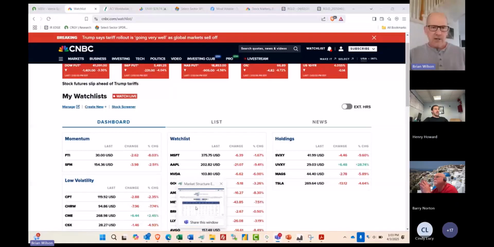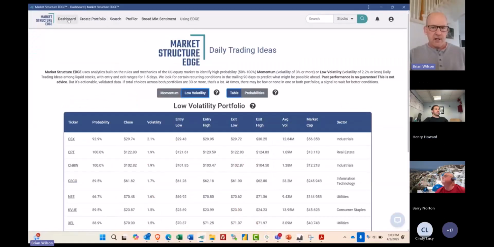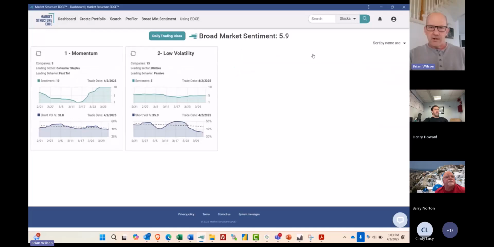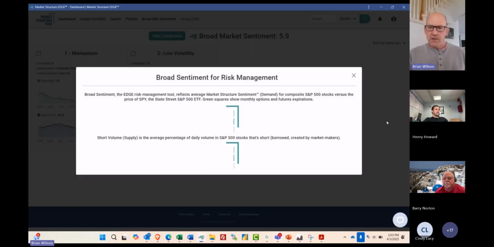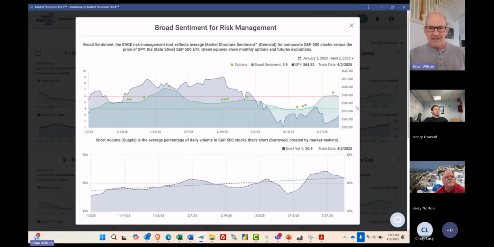The reason that I went that direction, and I could have been wrong, but I'll go ahead and share my screen again, is I was looking at the overall setup, and Henry had mentioned this in the note this morning, that when you look at sentiment that is sliding, so sentiment that has topped and is moving lower, and yes, short volumes were declining a little bit, but we're talking still historic highs in terms of those short volume levels.